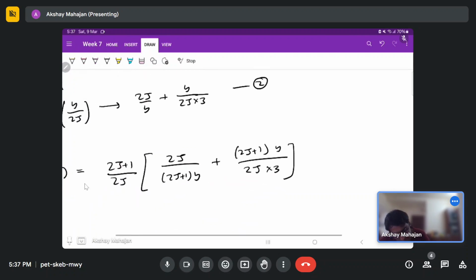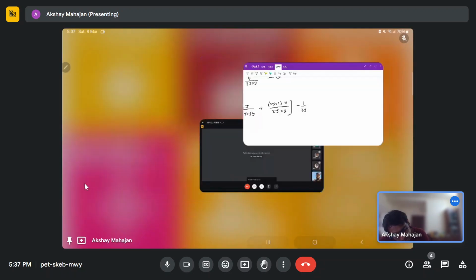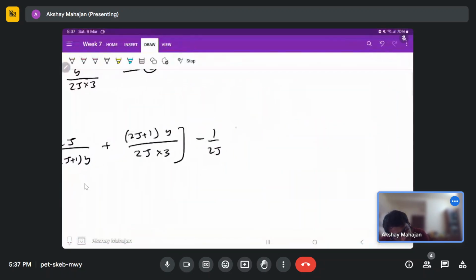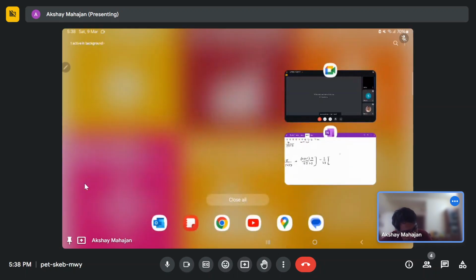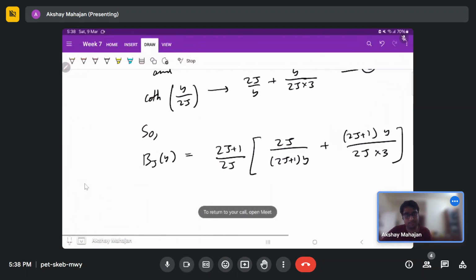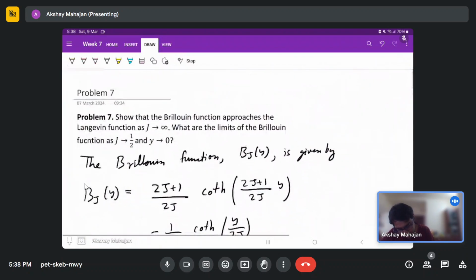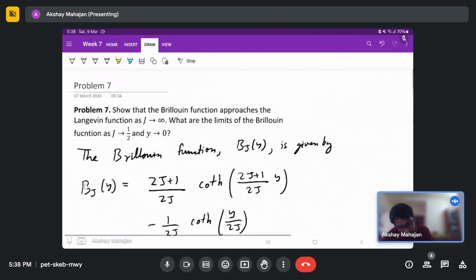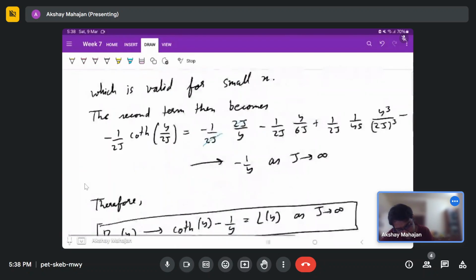The second term is minus 1 upon 2j. Our Brillouin formula is (2j+1) upon 2j coth of (2j+1)y upon 2j, minus 1 upon 2j coth of y upon 2j.